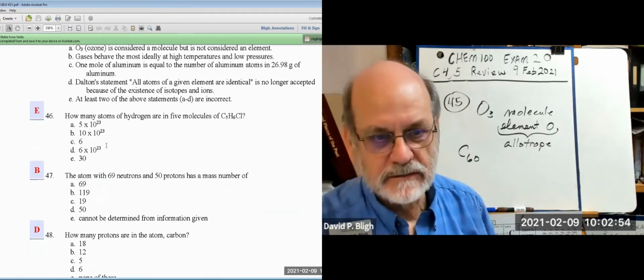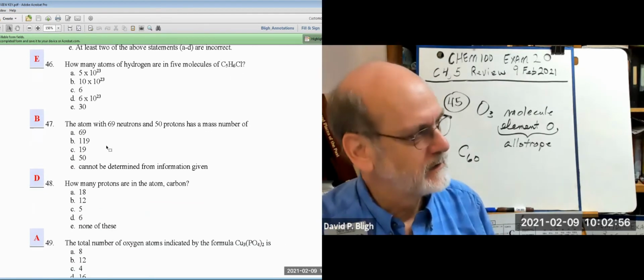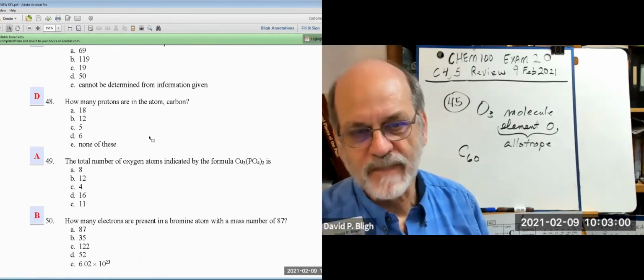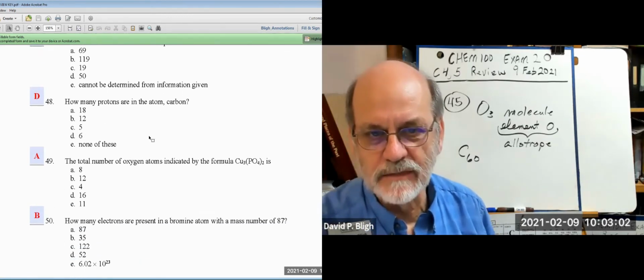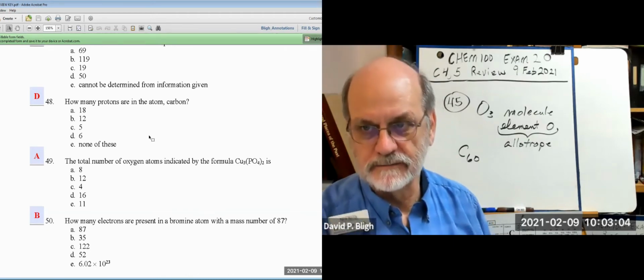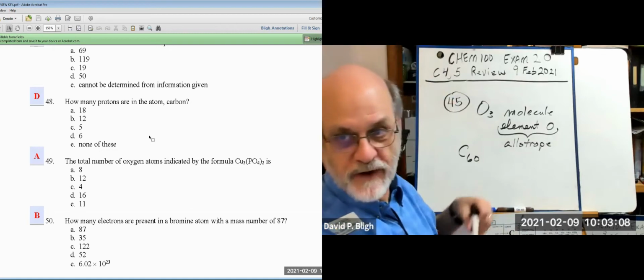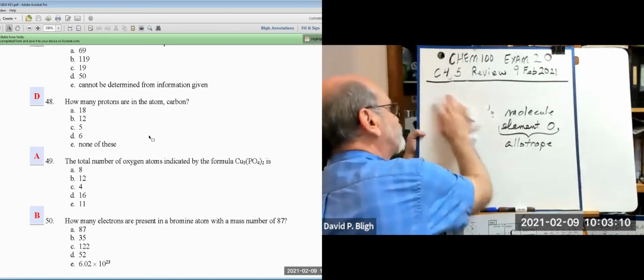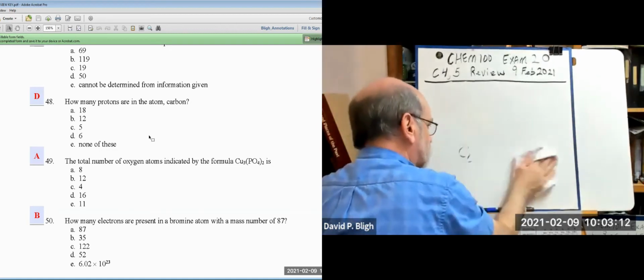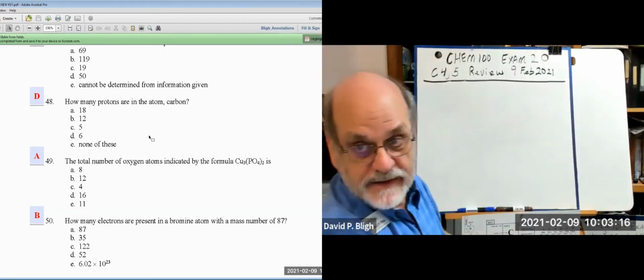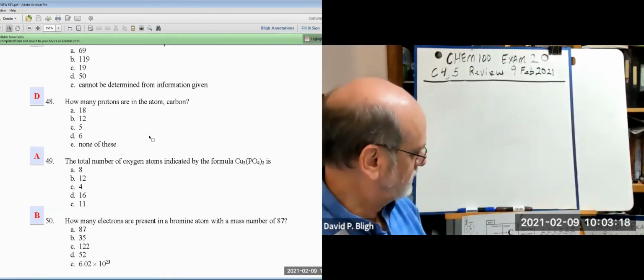All right, let's go down to 48. We're good. We've got a couple hours left. How many protons are in the atom carbon? Just look at your periodic table. Where would you find that information? It's the atomic number, right?